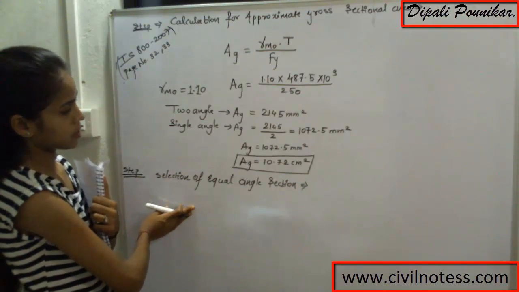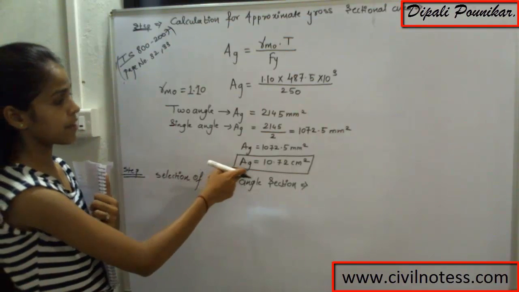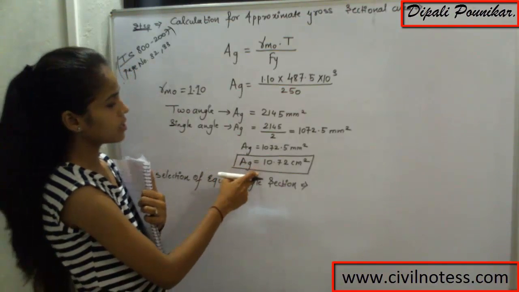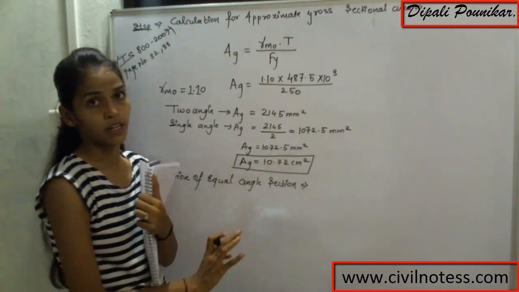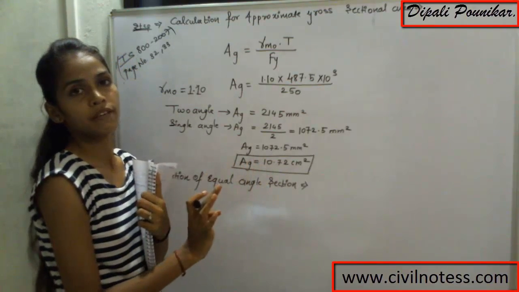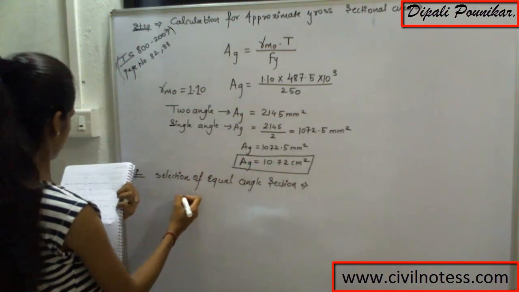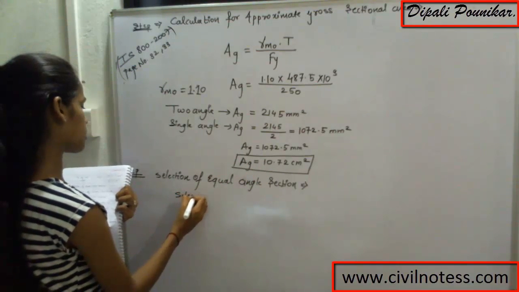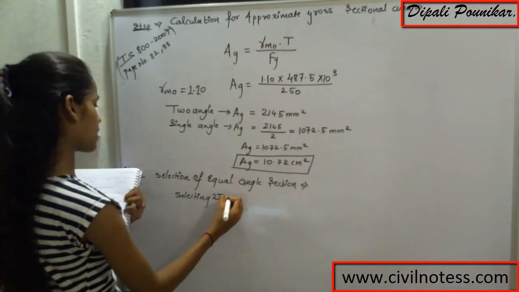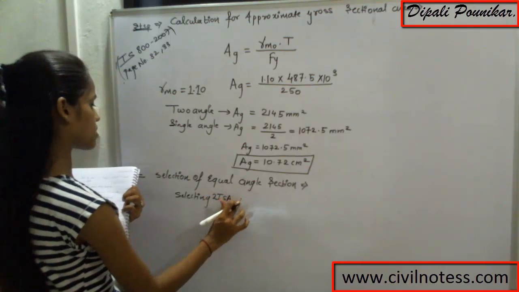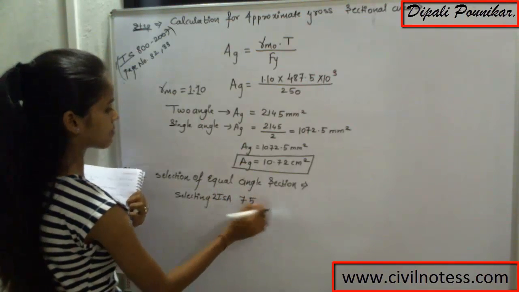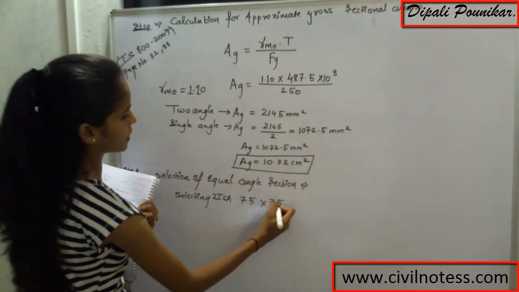After calculating the value of Ag, we have to choose the angle section whose Ag is higher than 10.72 centimeter square. So selecting 2 ISA, this is for 2 angle sections, 75 into 75 into 8.